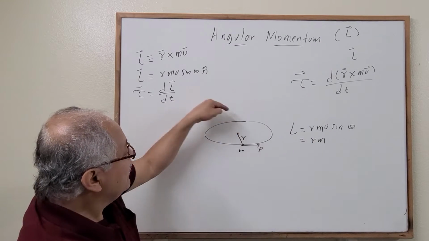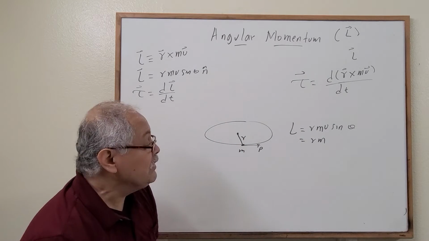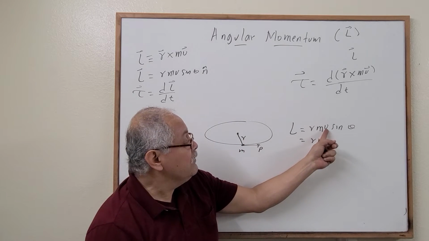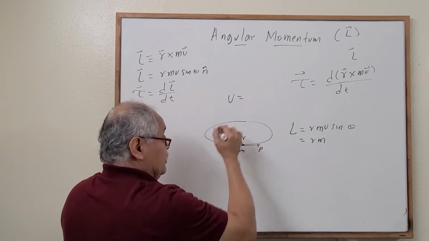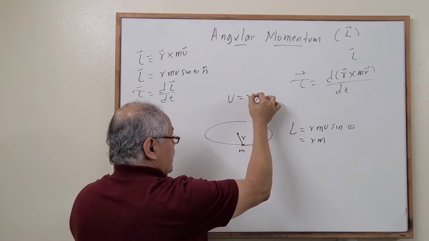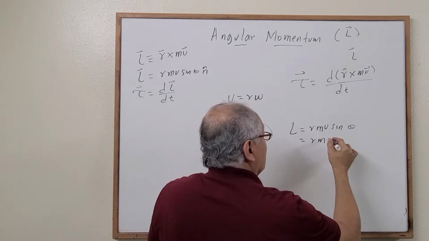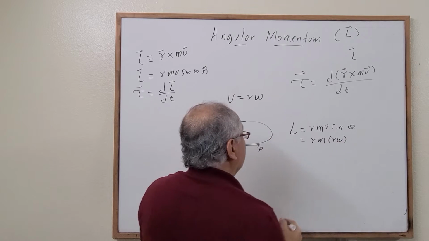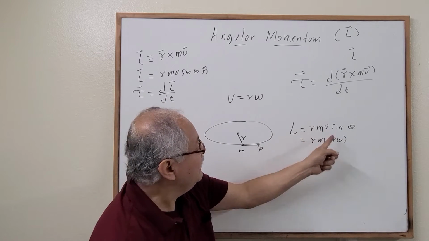Because now we are in rotational conditions, let's find the relationship between v and rotational quantities. We know that v, the tangential velocity, equals r times omega. So it's going to be r times omega. The angle right here is the angle between r and v.